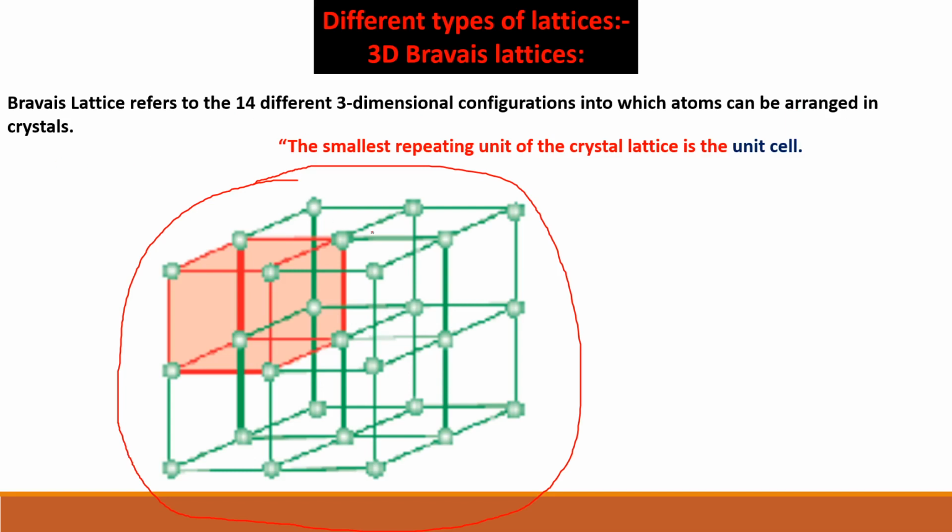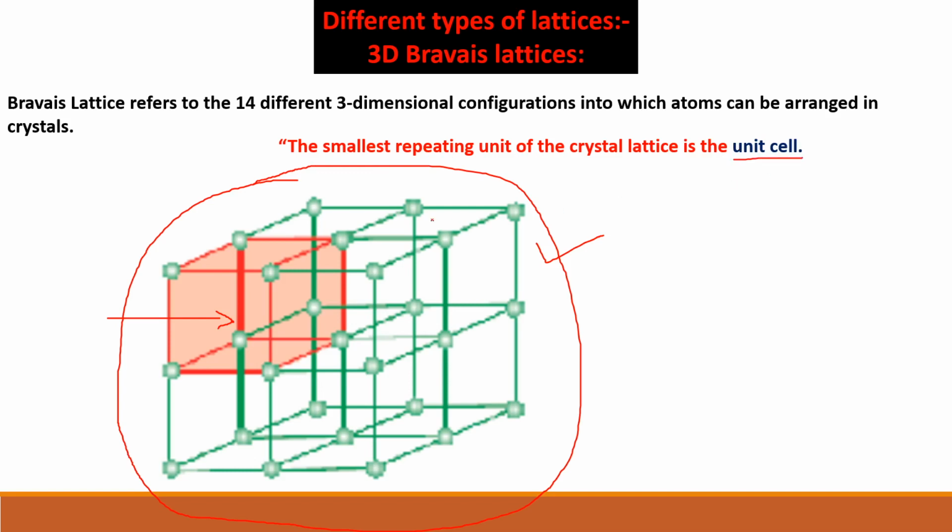Inside the crystal structure, a number of unit cells are located, and this shaded pink portion indicates a unit cell. So what is the definition of a unit cell? The smallest repeating unit of the crystal lattice is called a unit cell.